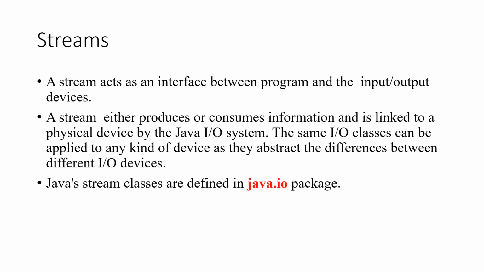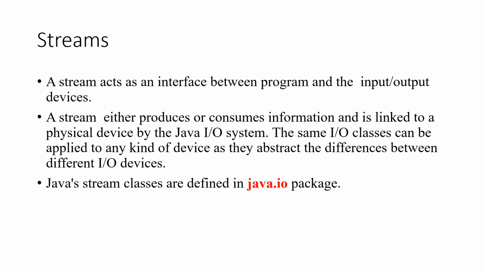A stream acts as an interface between program and the input and output devices. A stream either produces or consumes information and is linked to a physical device by the Java I/O system. The same I/O classes can be applied to any kind of device as they abstract the difference between different I/O devices.